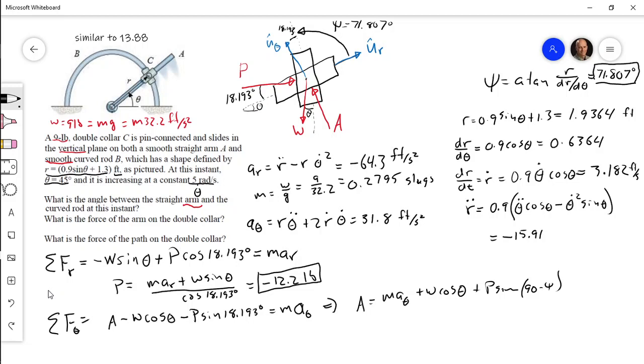And we have numbers for all of these, and that turns out to be 11.4 pounds, which is the third answer necessary. And that's it. So, free body diagram, equations of motion, and if necessary, some kinematics. Okay.